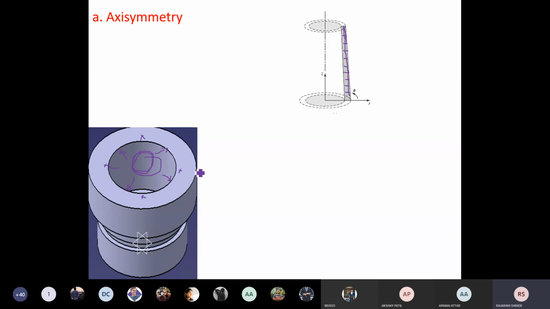Here also, if you get some deformation at this location, that same deformation you will get here, because material is same, geometry is same, and loading is also symmetric. So you will get the same results at symmetric points on the domain.